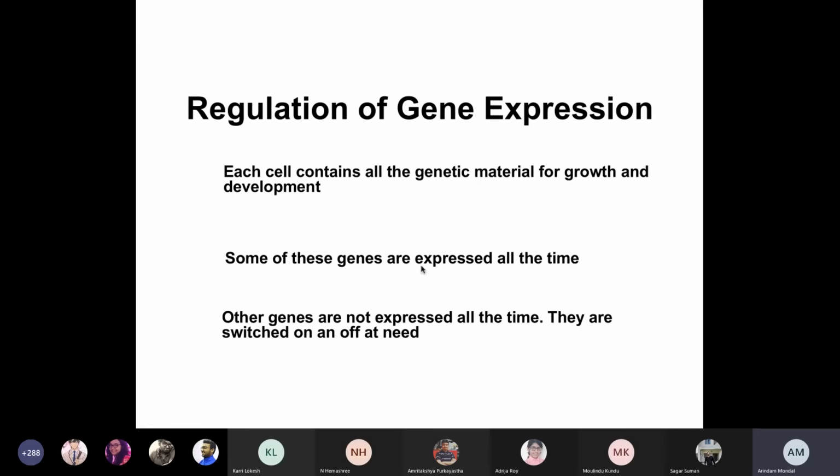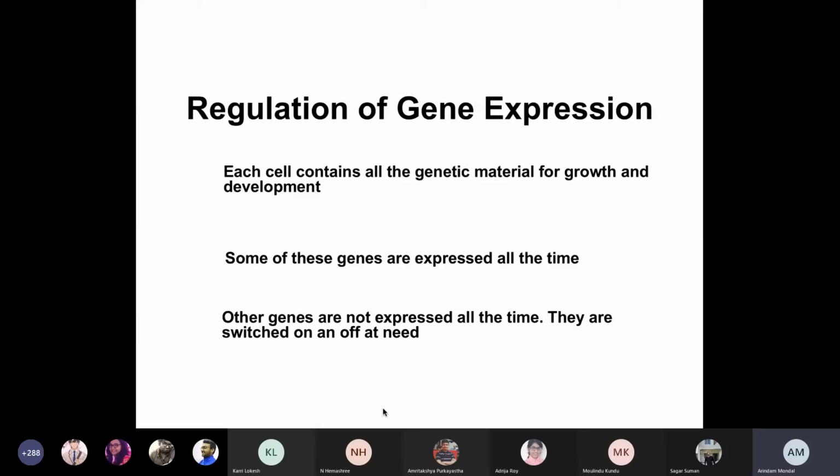Okay, so they are switched on and off at need. Whenever it's needed, only then will they remain switched on. So that's why we have different kinds of cells which form different kinds of organs. And then again, think about our heart versus the heart of a bird, right? Or the heart of a mouse, it's different, right?